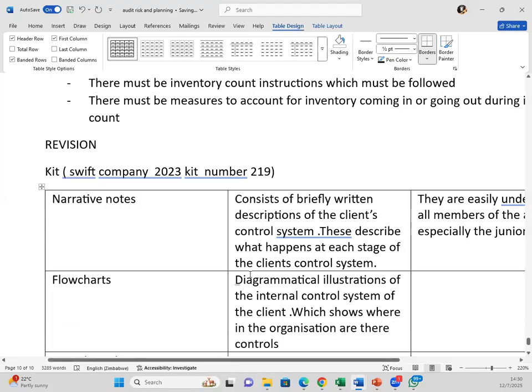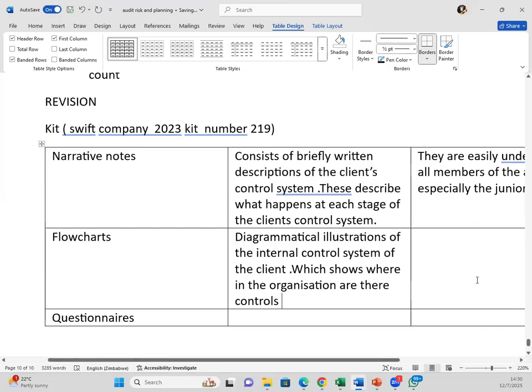So a flowchart diagram is a diagram showing in the organization where we have controls and in which areas. It shows us where controls are present, but in the form of just one diagram, more like a map showing us where we have controls and where we don't.